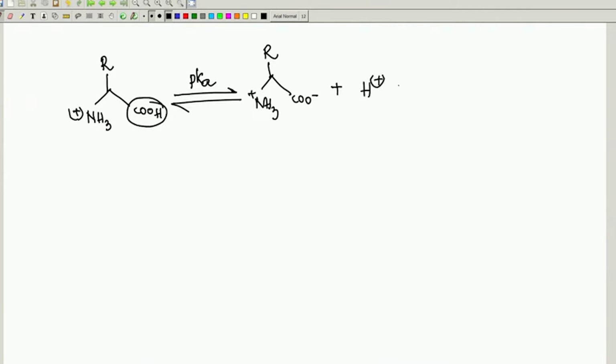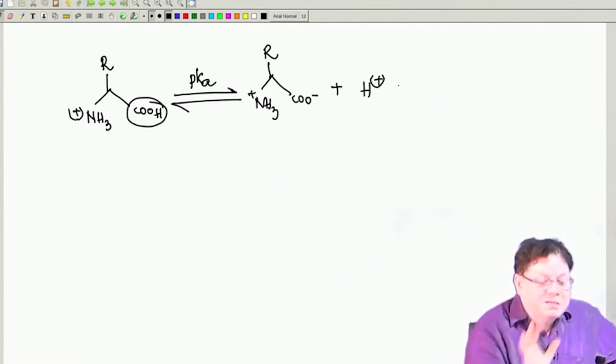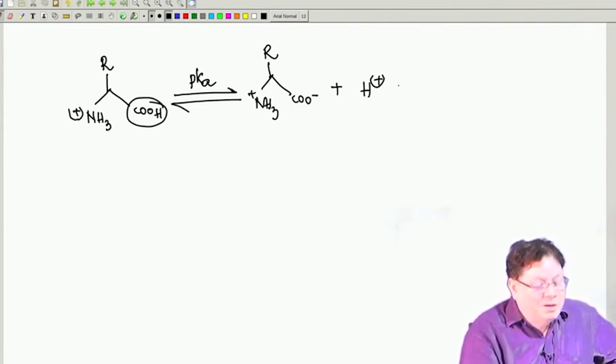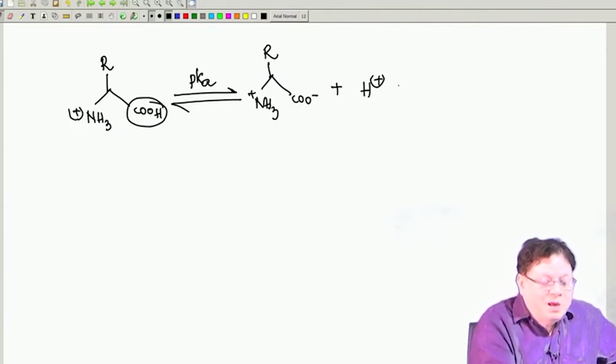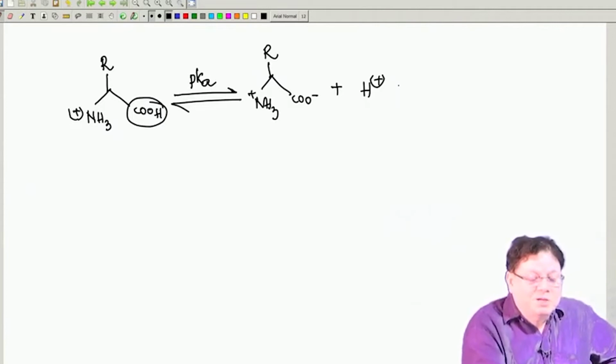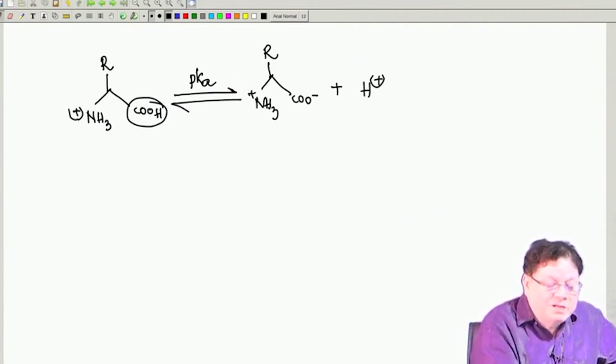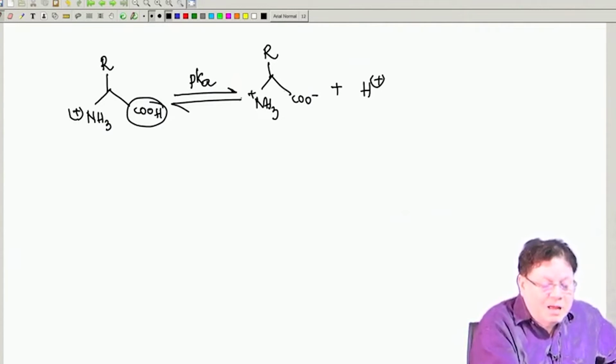And dissociation constant, remember, is the negative logarithm of the equilibrium constant of this process. Lower pKa means higher acid strength. So, as you raise the pH, you have this dissociation. It goes to a form, interestingly, where there is no charge. The amount of positive and negative charge is the same.